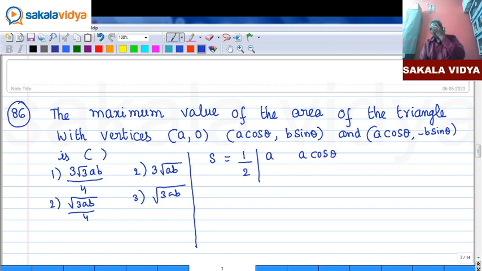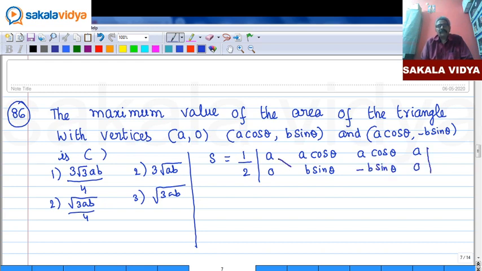This is called the staircase method. Similarly y1, y2, y3 and next y1, cross multiplication like this.